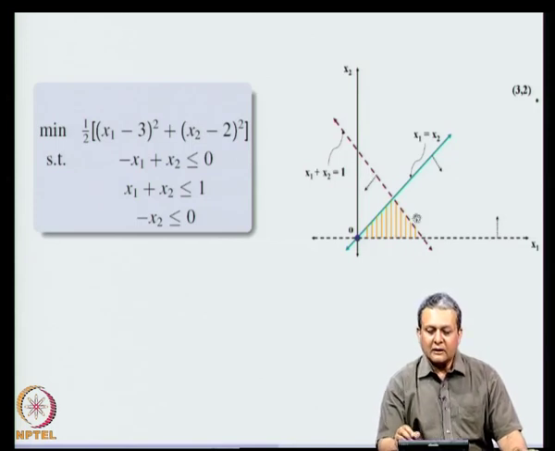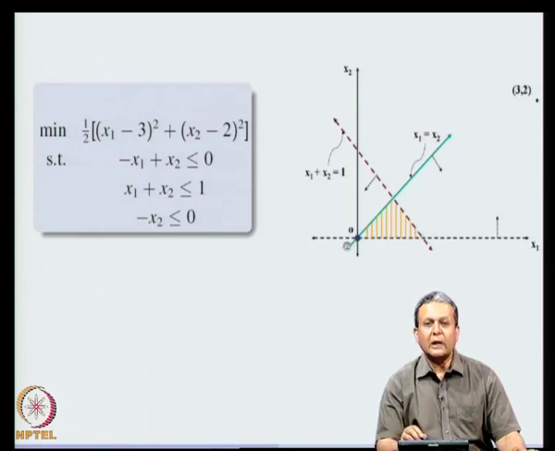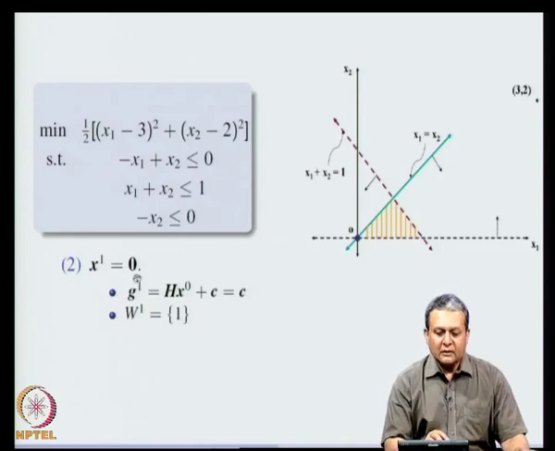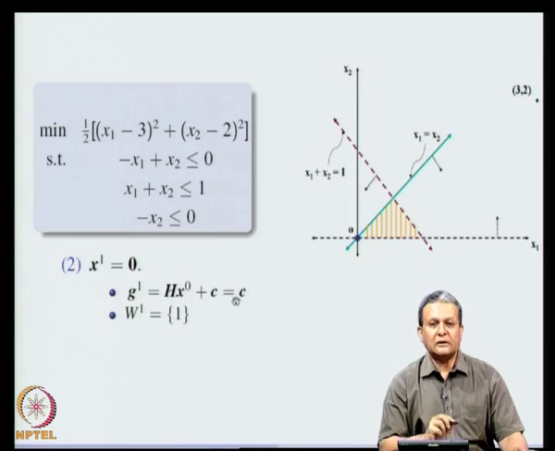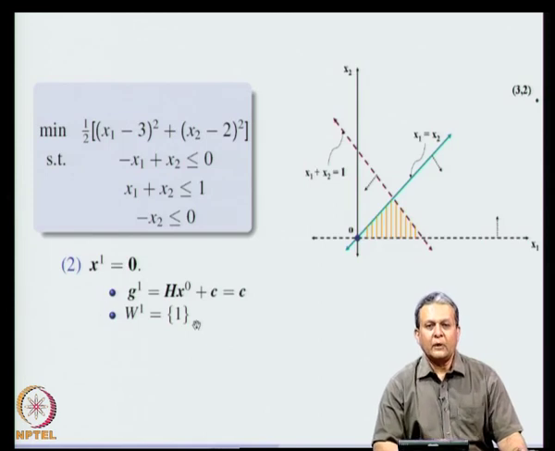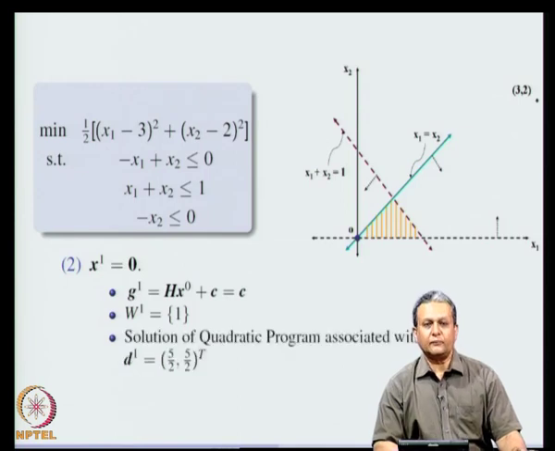The second constraint anyway was not active at this point. So, the only active constraint that we are considering is minus x 1 plus x 2 less than or equal to 0. Our current point is still the same, and therefore, the gradient at that point is also still the same, but the working set is now only the first constraint. Now, with respect to that, we solve the problem to get d 1.